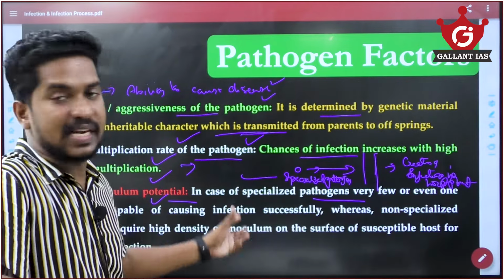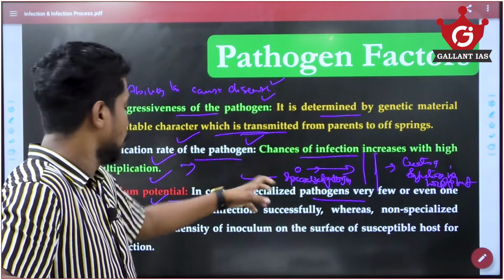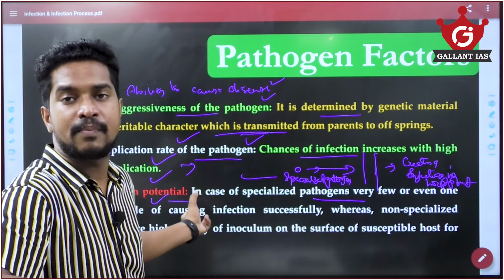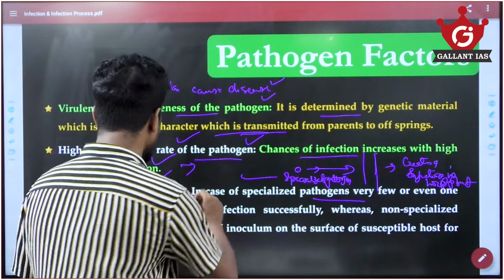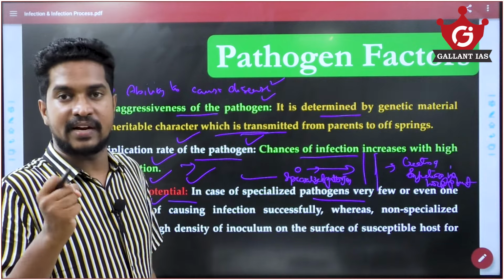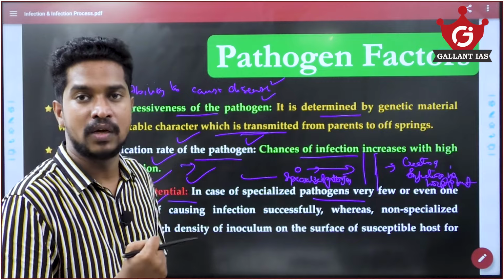So specialized pathogen means a very few or even one spore is capable of causing infection successfully. That is the inoculum potential. That one spore is enough to bring about the infection successfully.